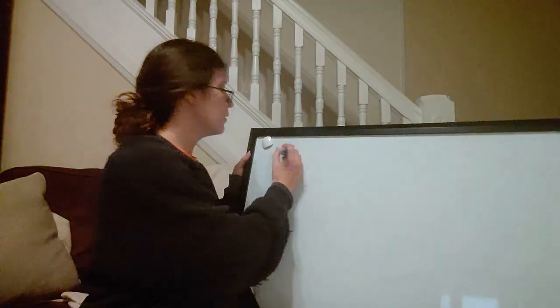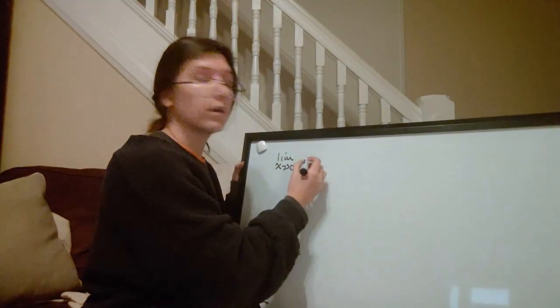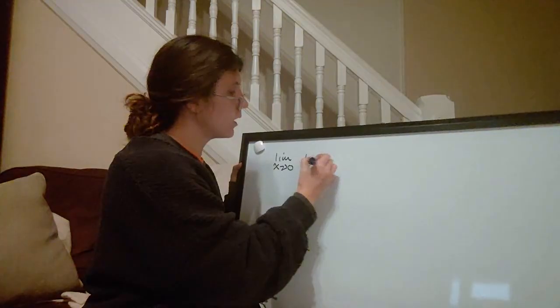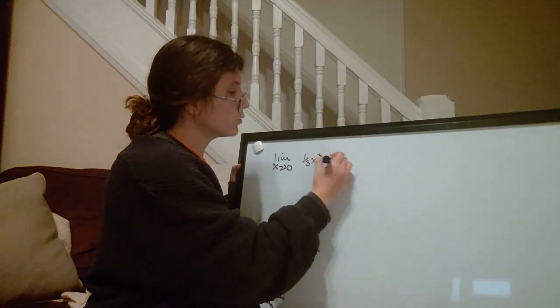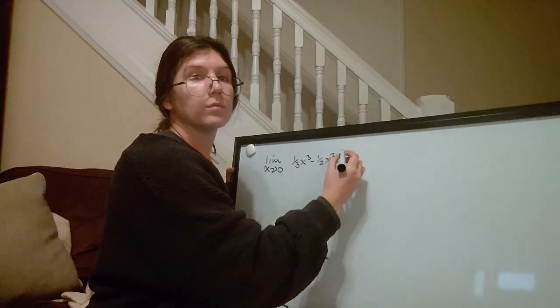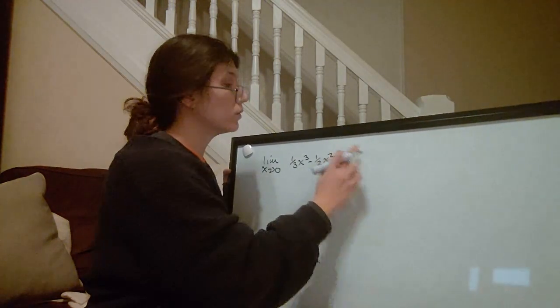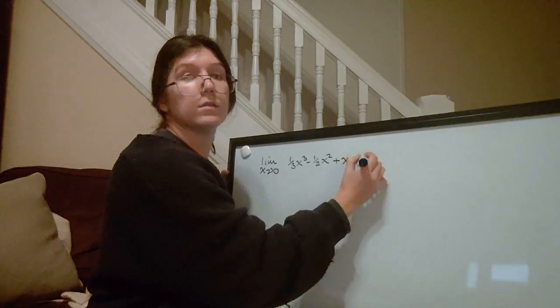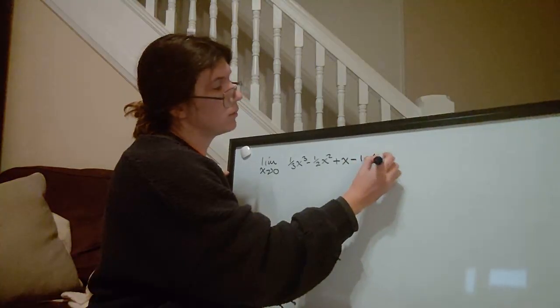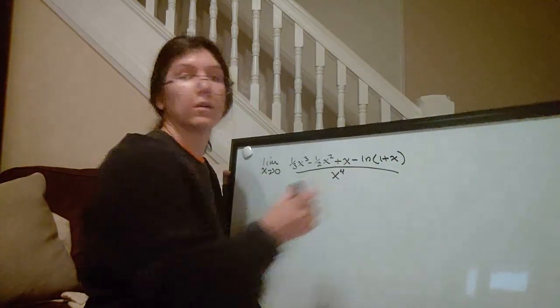So our limit is going to be, as x approaches 0, of 1 over 3x cubed minus 1 over 2x squared plus x to the 4, plus x minus ln of 1 plus x over x to the 4.